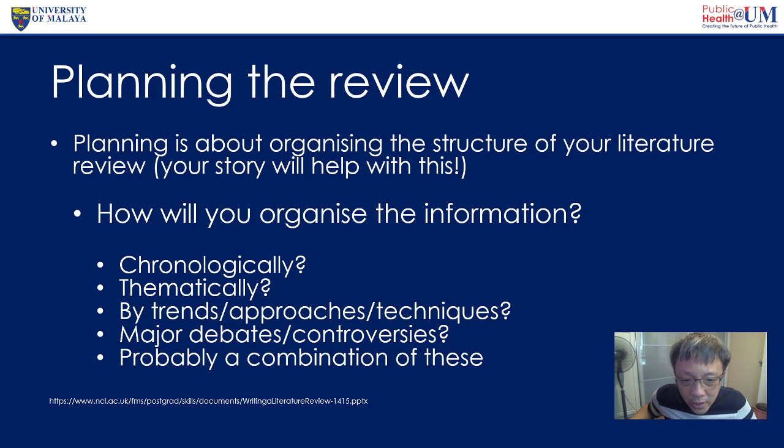You could write a literature review based on how events have occurred, chronologically. This should not be used in the type of research that we are doing. We should organize our research thematically. That means by theme, by looking at different things.